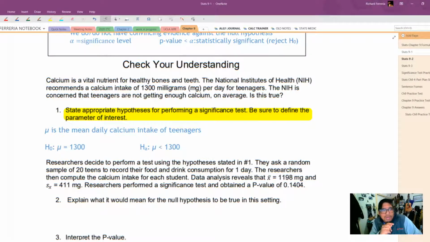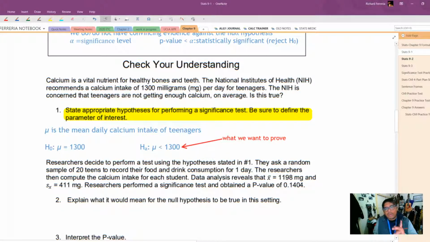You can't start by assuming that teenagers aren't getting enough calcium. You've got to assume that teenagers are getting enough calcium. And how much calcium? Well, right at that borderline, 1300. So we're going to start by assuming that teenagers get 1300 milligrams, and we're off to prove that the amount of calcium is actually less than 1300.